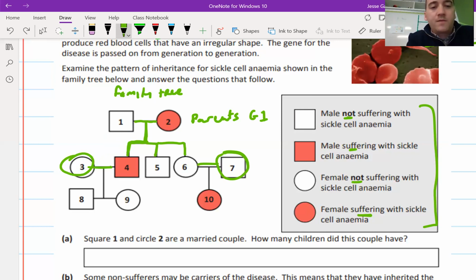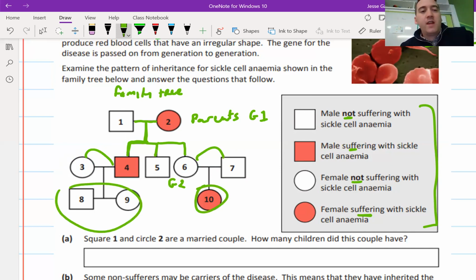So 4, 5, and 6 are the children. We call these Generation 2 if you like. And 4 and 6 both have partners. 4 is partnered with 3 and 6 is partnered with 7, and each of those couples have children. So hopefully you can figure out how a family tree works from that.